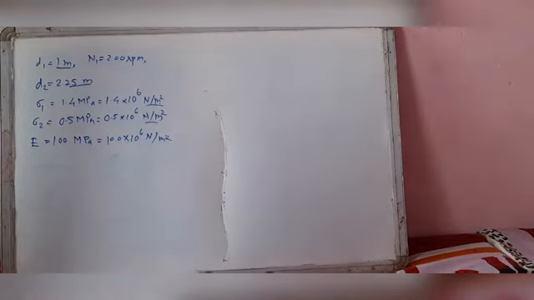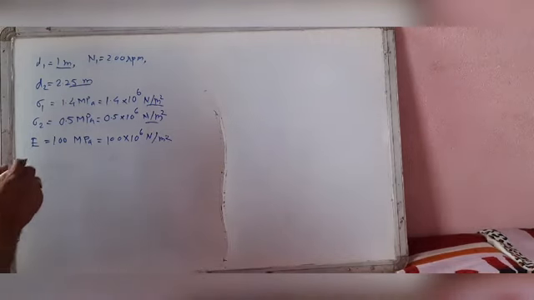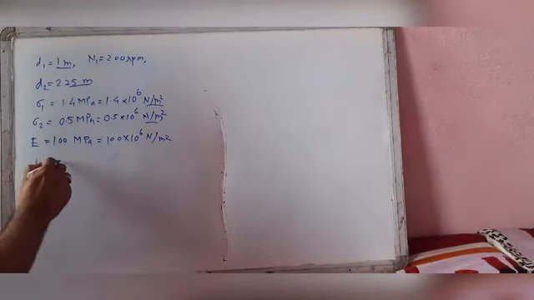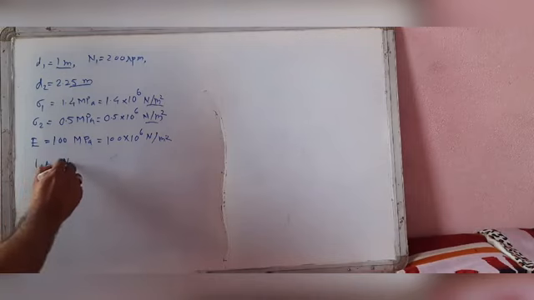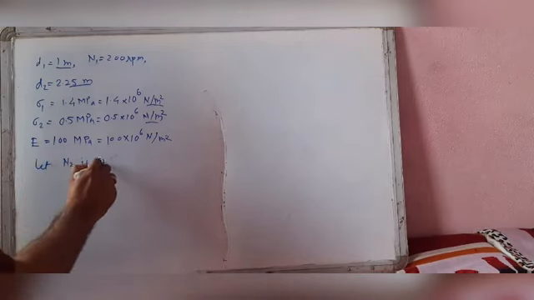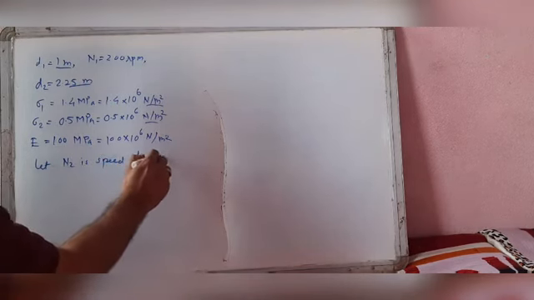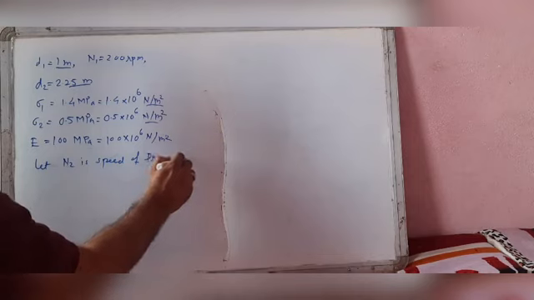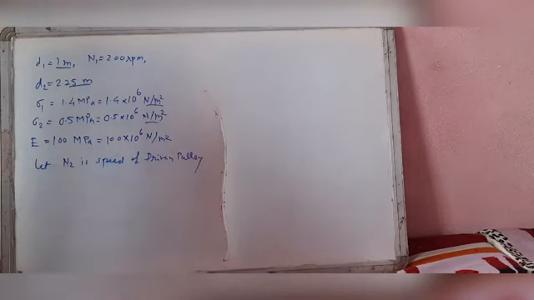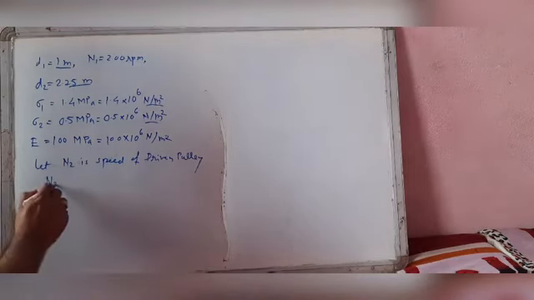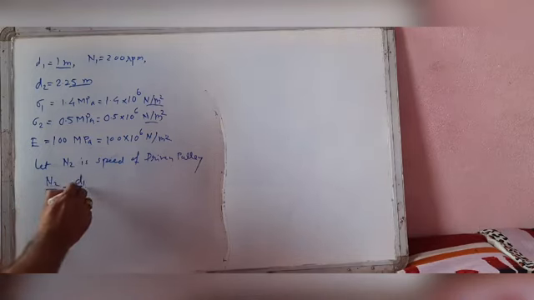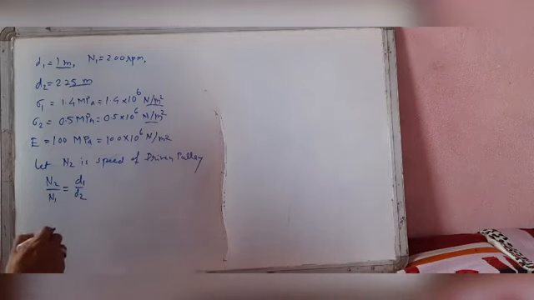Okay. Now let N2 be the speed of the driven pulley. So neglecting the creep, we know that N2 by N1 equal to D1 by D2.